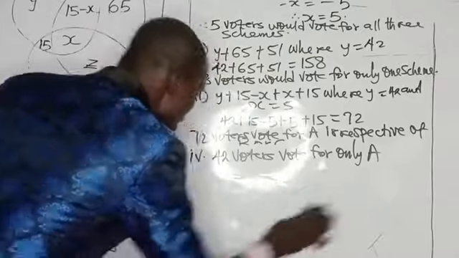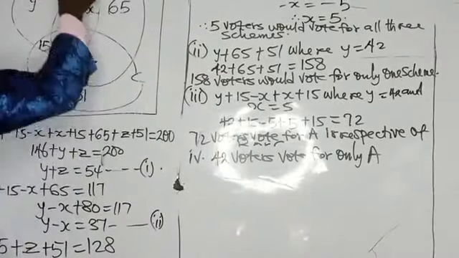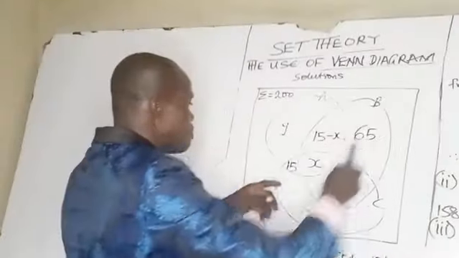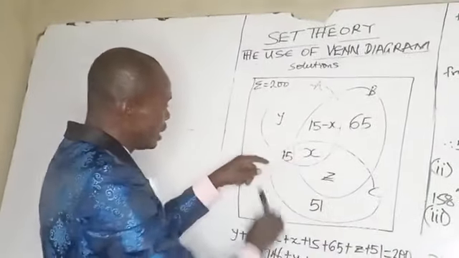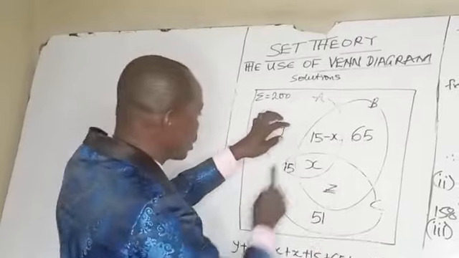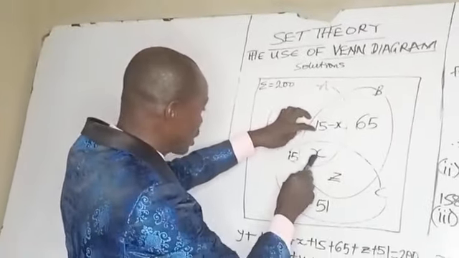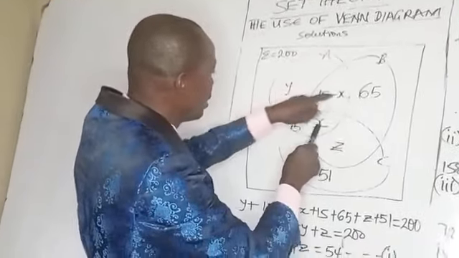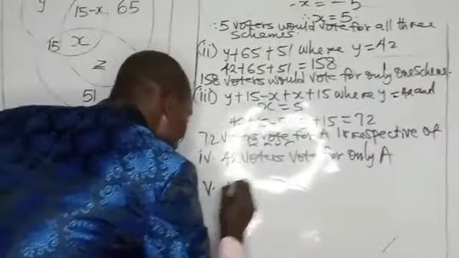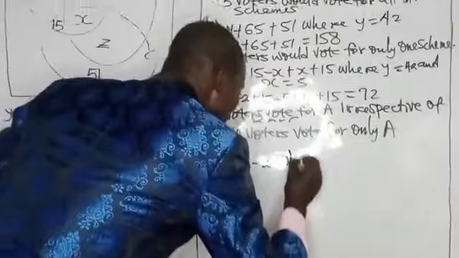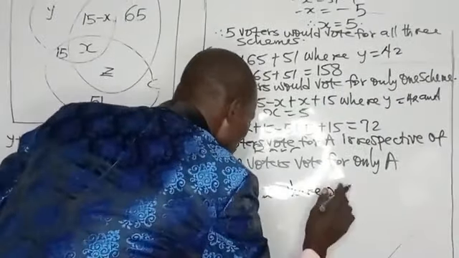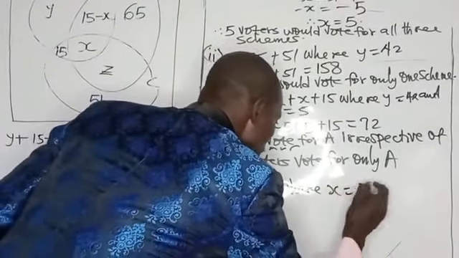A and B but not C. If you cut away C, A and B mean intersection of A and B. That means you don't need the intersection of the three. So A and B, we have 15 minus X, where X is equal to 5.